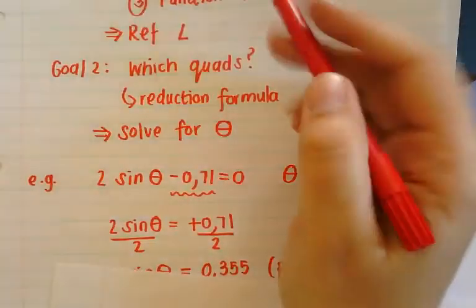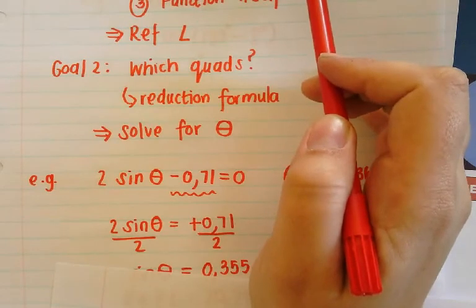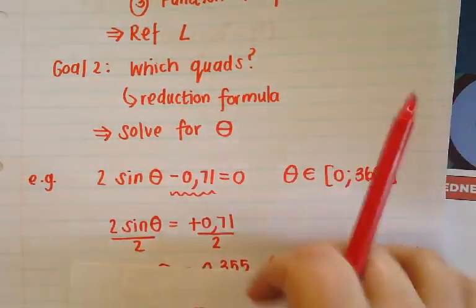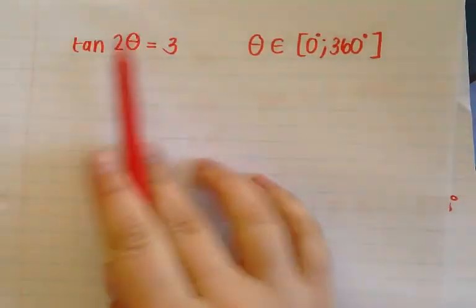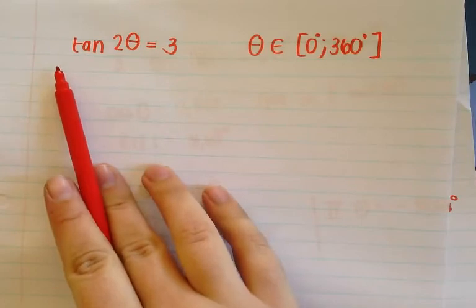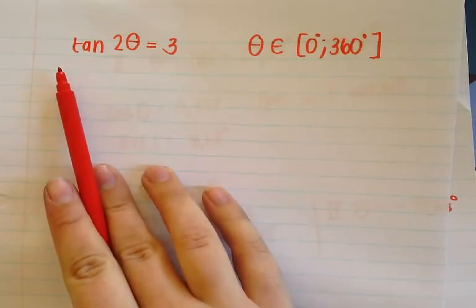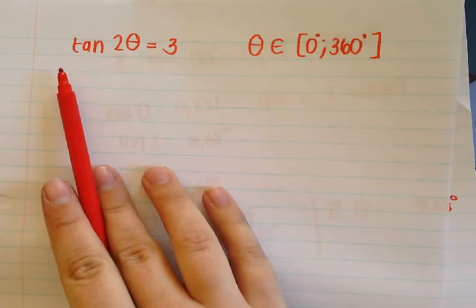Remember, what were my steps? My steps were what's loose first, then attached to the function, not the theta, and then the function itself. There's nothing loose here. There's nothing attached to the function, so what's my next step? Loose first, attached to the function, then the function itself.